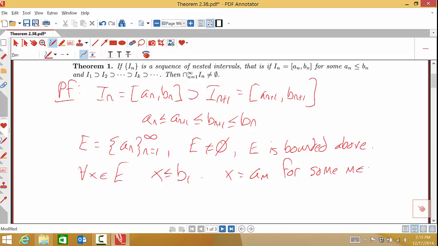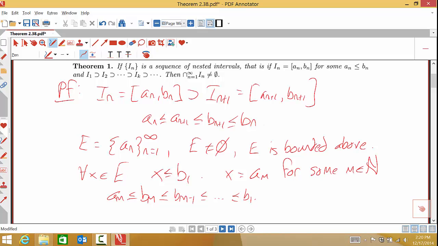That means a sub m is less than or equal to b sub m, and by the nesting assumption, b sub m is less than or equal to b sub m minus 1, which is less than or equal to b sub m minus 2, and I can start stringing these together. By the nesting assumption, I can eventually get a sub m less than or equal to b1. So I have an upper bound.